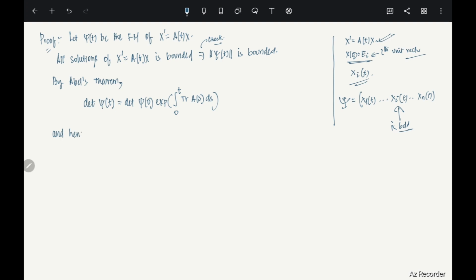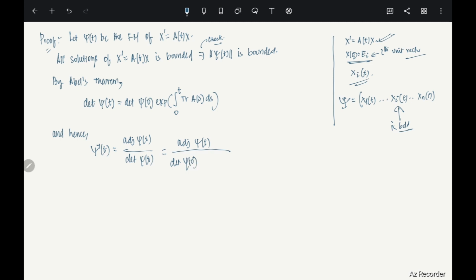And hence, what is Φ inverse of t? It is nothing but the adjoint of Φ(t) divided by the determinant of Φ(t), and the determinant is given by the determinant of Φ(0) times the exponential.